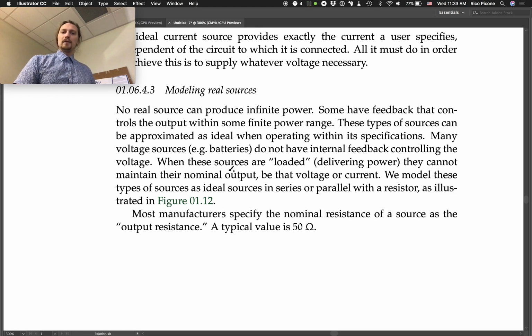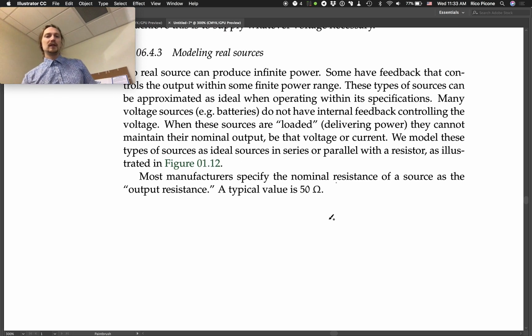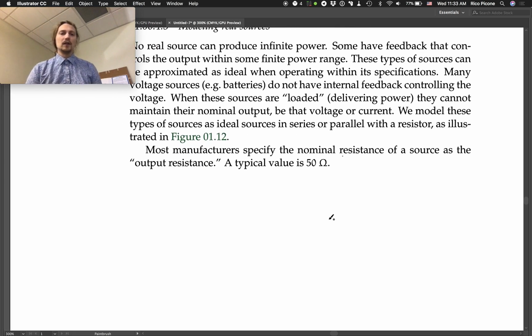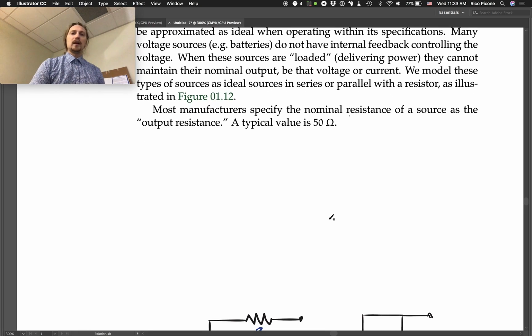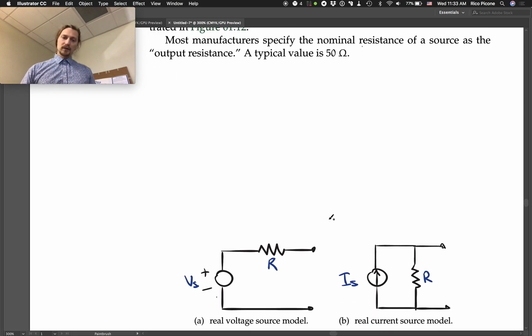Many voltage sources, for example batteries, do not have internal feedback controlling the voltage. When these sources are loaded, when they're delivering power, they cannot maintain their nominal output, be that voltage or current. We model these types of sources as ideal sources in series or parallel with a resistor, as illustrated in figure 112. Most manufacturers specify the nominal resistance of a source as the output resistance.